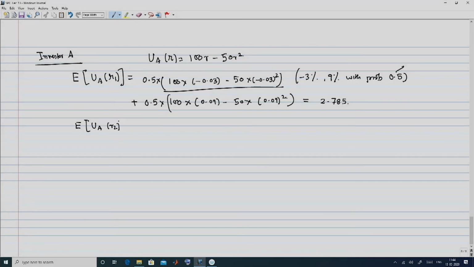Okay. Now, in case of the second asset, what are the returns? In case of the second asset, it is 0% or 6% with probability 0.5 each.